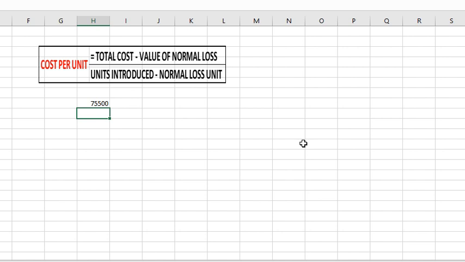So the numerator is 76,000, divided by 10,000 minus 500, which is 9,500, and you will be getting rupees 8.